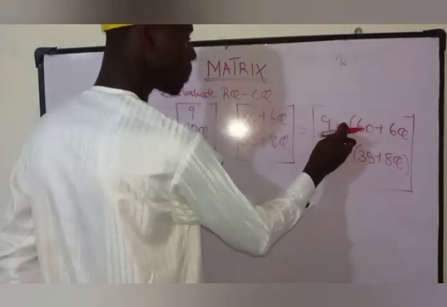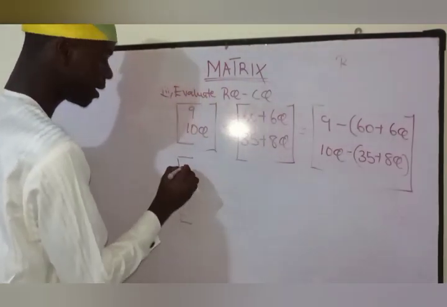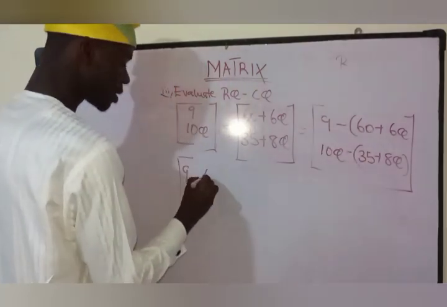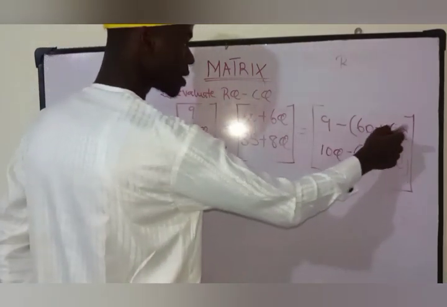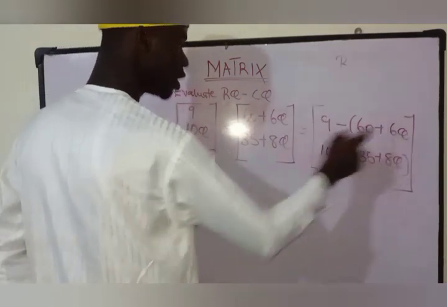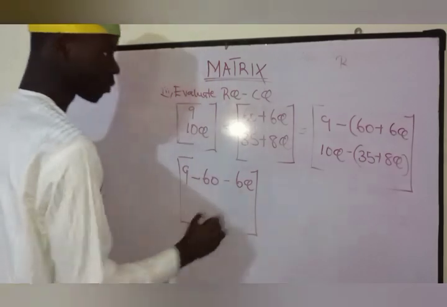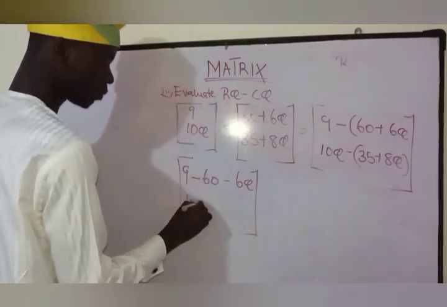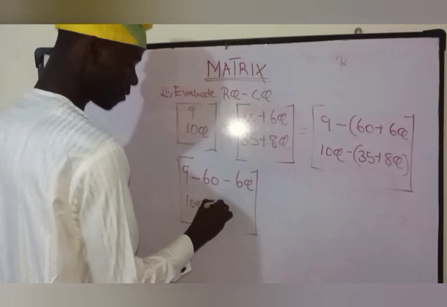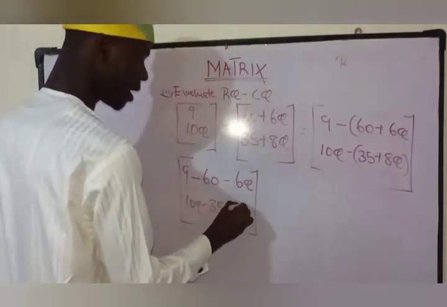We multiply the negative sign into the bracket: minus times 60 is minus 60, minus times plus 6Q is minus 6Q. Minus times 35 is minus 35, and minus times plus 8Q is minus 8Q.